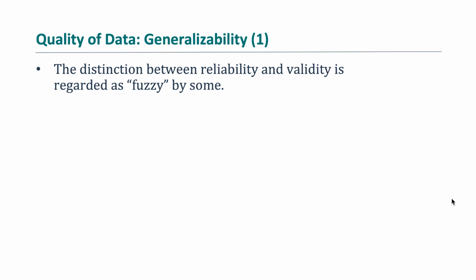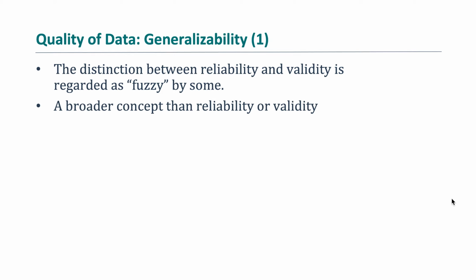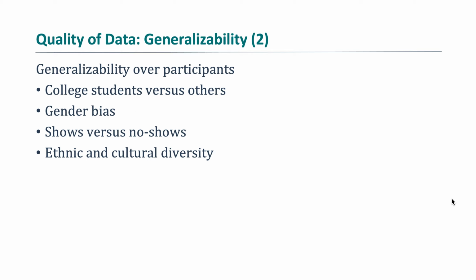And assessments of reliability become assessments of validity, right? It's hard to know. And so there's a broader concept of reliability and validity that needs to happen. We want to be able to extrapolate this to a wider range of people. So generalizability is the degree to which a measurement or a result of an experiment can apply to other tests or situations or people.